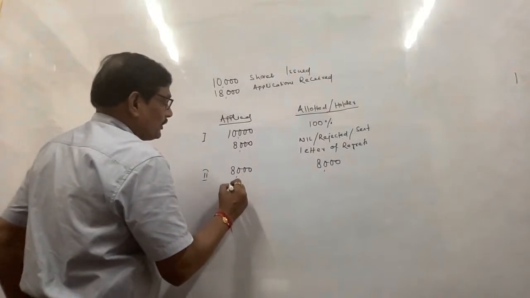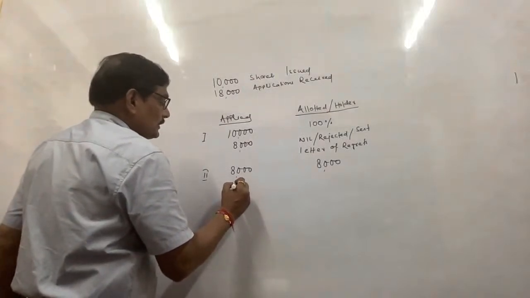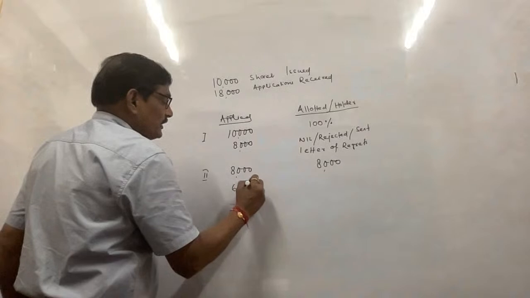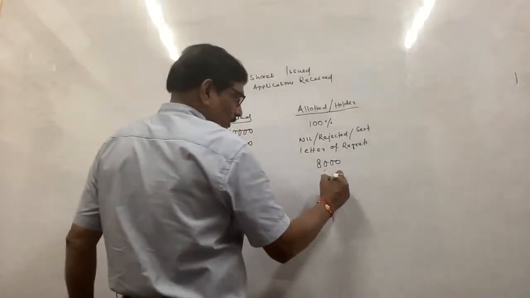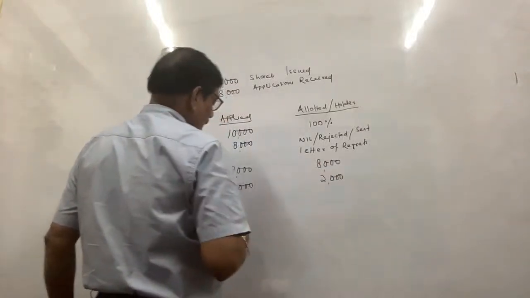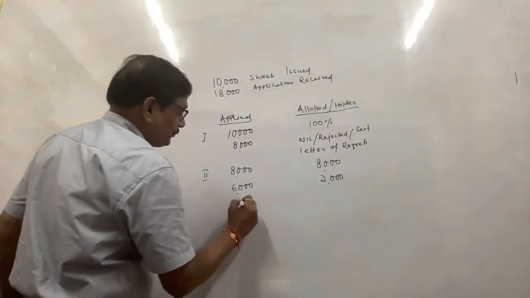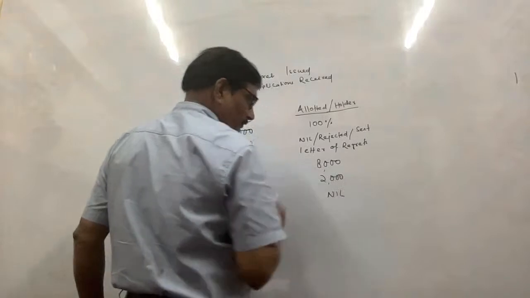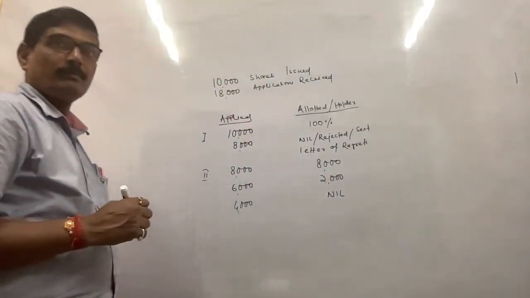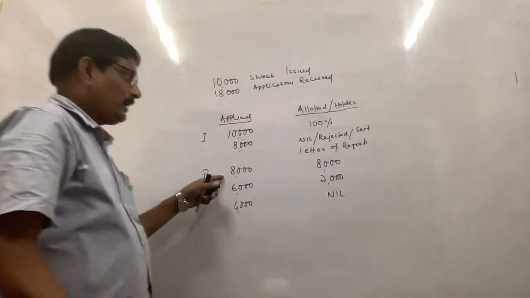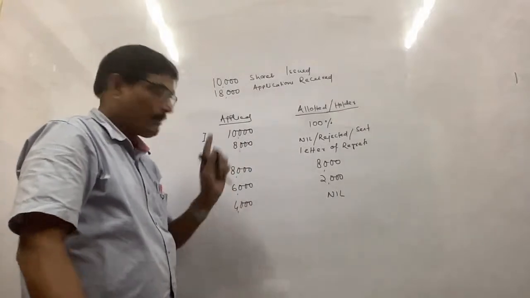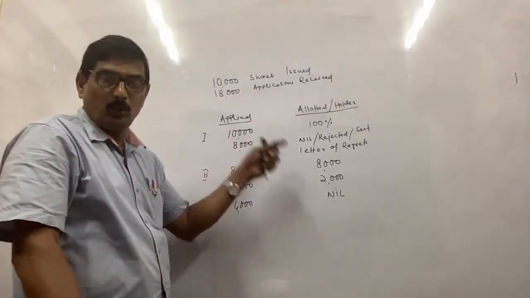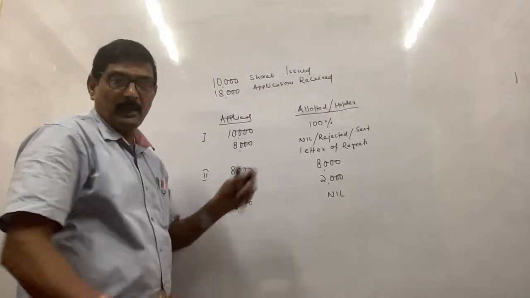And applied for 6,000, allotted 2,000, and lastly applied for 4,000, nil. Applied for 8, allotted 8, applied for 6, allotted 2, and applied for 4, allotted nil.